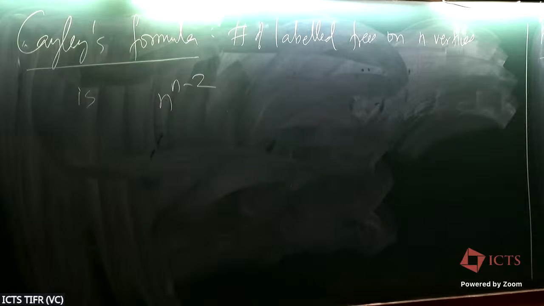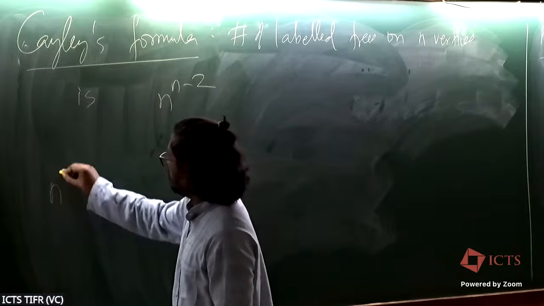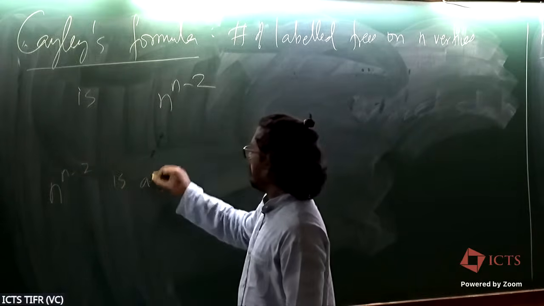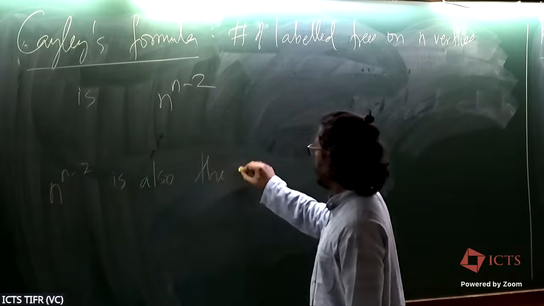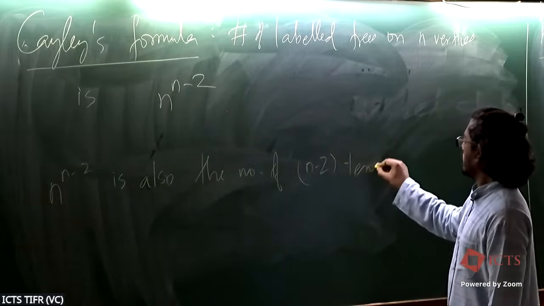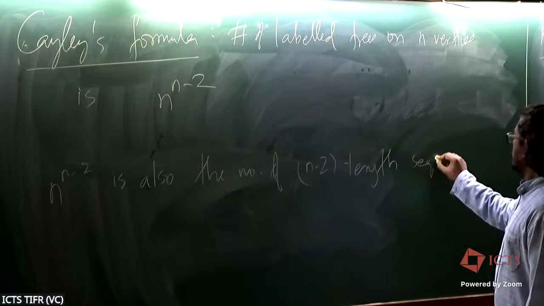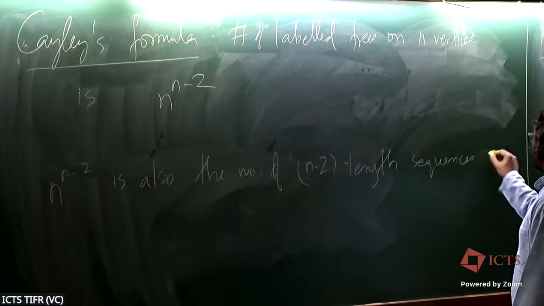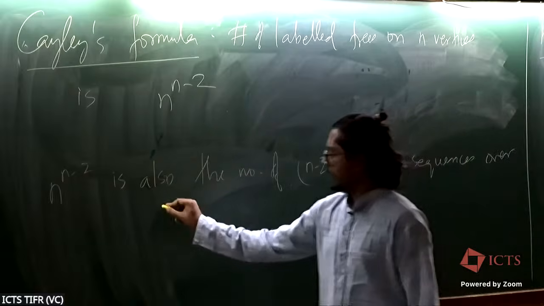That's the question. I will give you the bijection by example, and you can think about whether you're convinced or not, and whether you can develop it into a proof. Does that make sense? What I'm saying is, n to the power n minus 2 is also the number of length n minus 2 sequences over 1 to n.